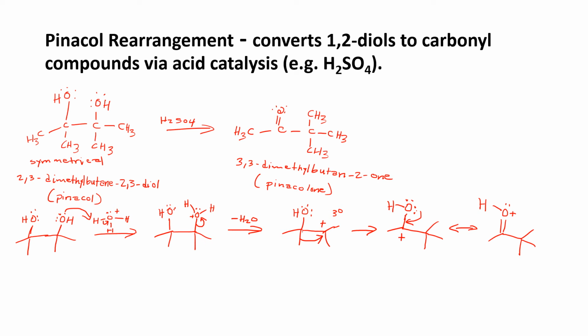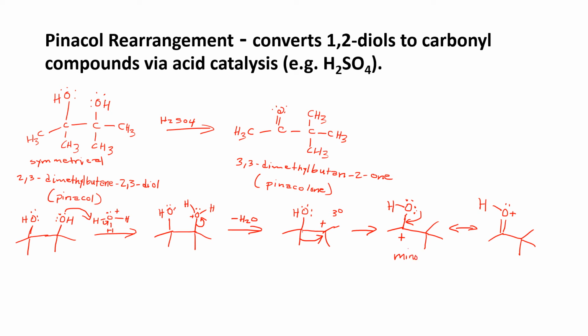Which one of these would be our major resonance contributor, and which would be our minor? Well, think about what we discussed in Organic Chemistry 1. What we see here is that the carbon bears a positive charge, so the octet isn't complete.